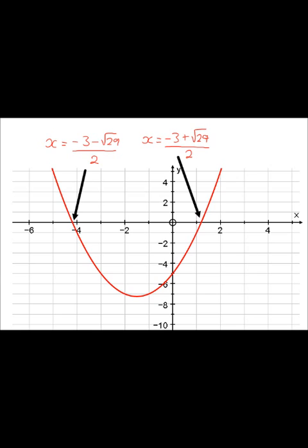So this is the graph y is equal to x squared plus 3x minus 5. When y is equal to 0, which is true for this point here, and this point here, then x takes this value for this point, and this value for this point.